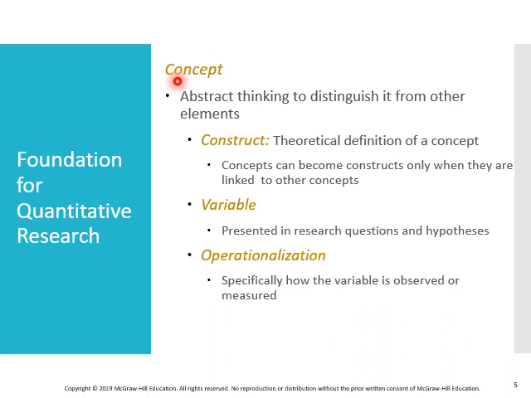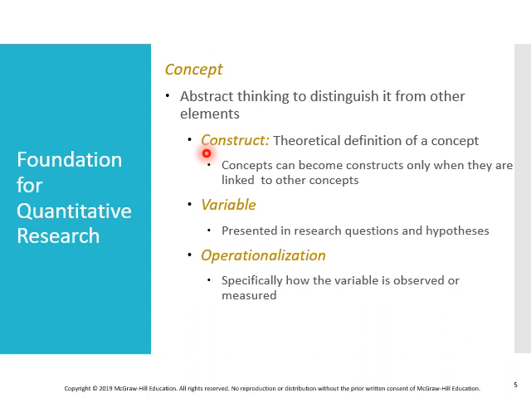Those are the most fundamental pieces of the elements that we're going to study, and they build all the way up to operationalization, and we'll walk through all these steps together. And a concept becomes a construct only when it is related or linked to other concepts.